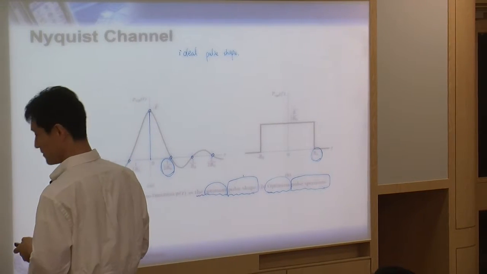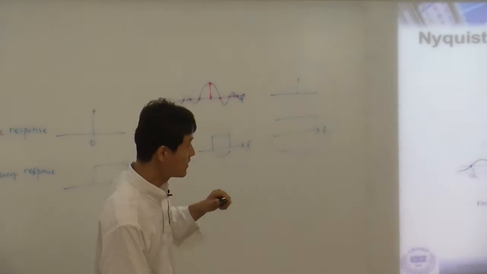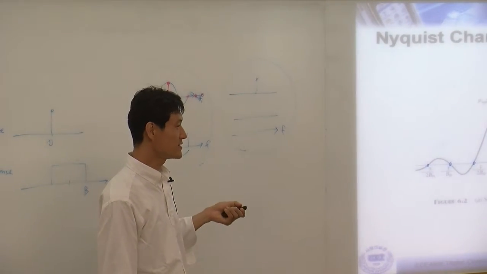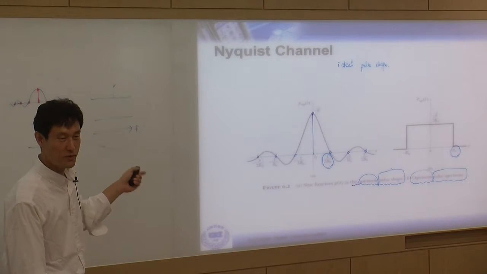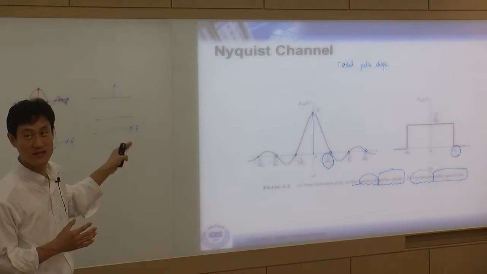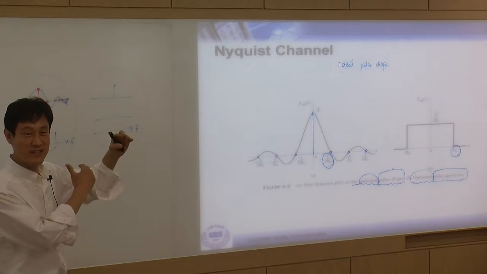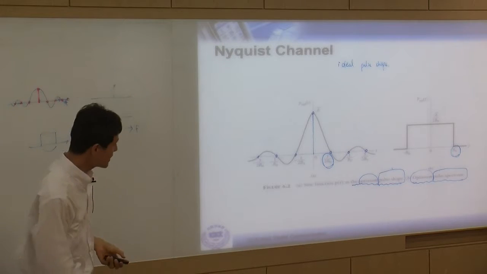Now what's the problem? The problem is the Nyquist channel is perfect, or ideal. That means unfortunately we cannot implement this. In a practical system, we cannot make this. This is just ideal. Why can we not make this?